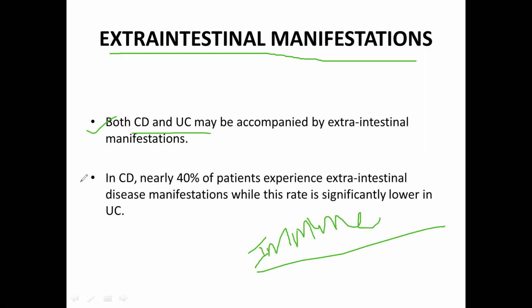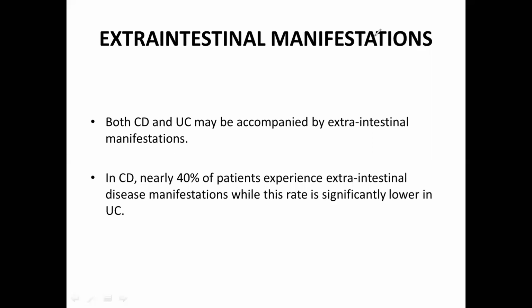But in Crohn's disease, nearly 40% of patients experience extraintestinal manifestations, while this rate is significantly lower in ulcerative colitis. So the rate of extraintestinal symptoms is usually more in Crohn's disease, nearly 40%.